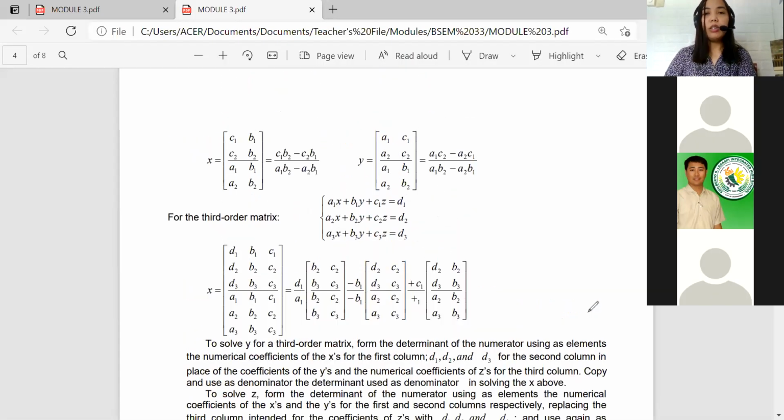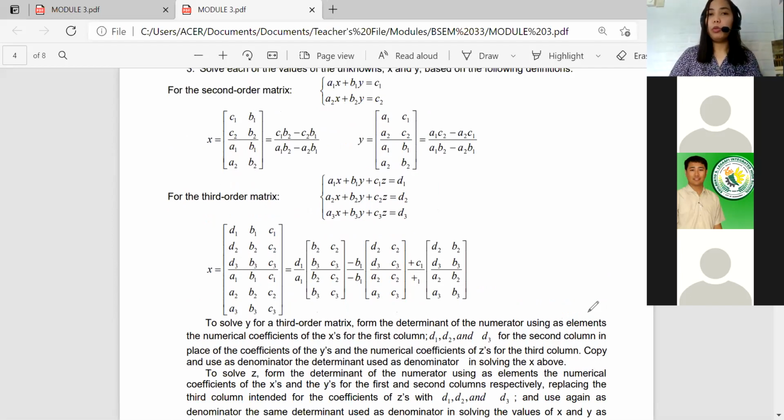This is not only applicable for 2 by 2 or if we have two unknowns. This is also applicable for 3 by 3 or if we have three unknowns, x, y, and z. For the third order matrix, for Dx, x is replaced by the constant, y and z retained.